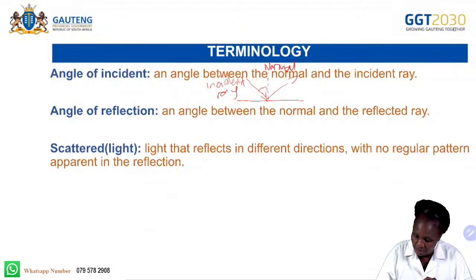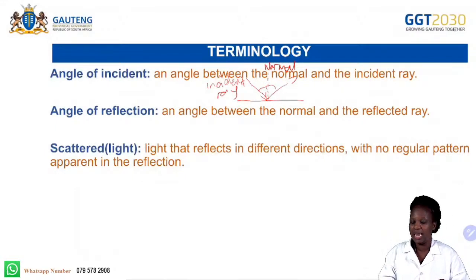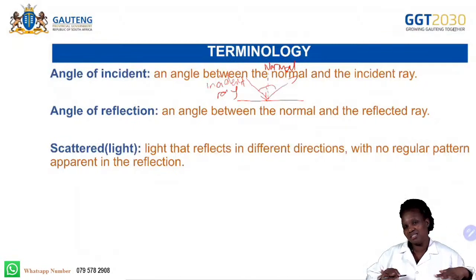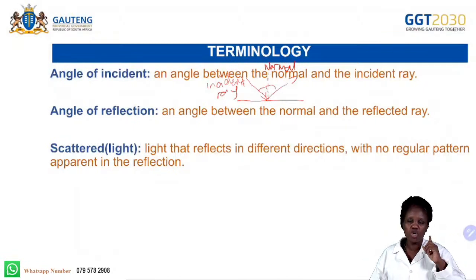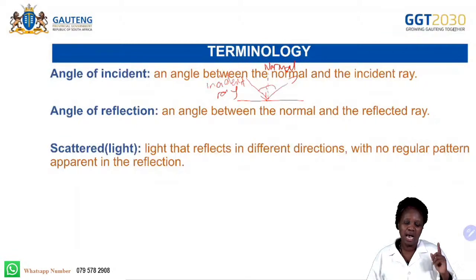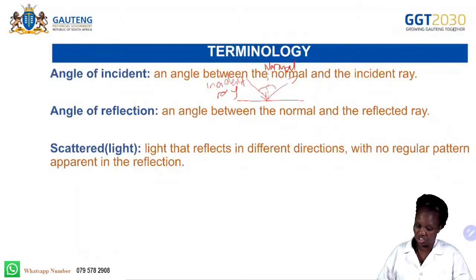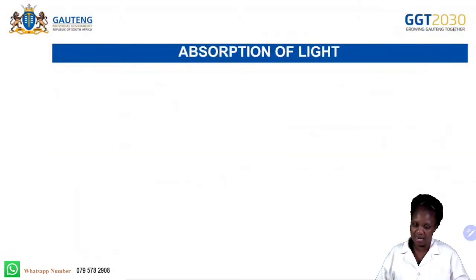Then this angle is the angle of reflection. Do you get it? And then scattered light. Light that reflects in different directions because it is scattered with no regular pattern apparent in the reflection. This is scattered light.